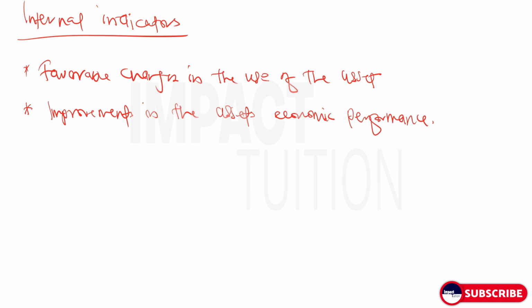Improvements in the asset's economic performance. We'll look at cash generating units and how impairment is calculated for cash generating units. And we'll do that in a separate video.